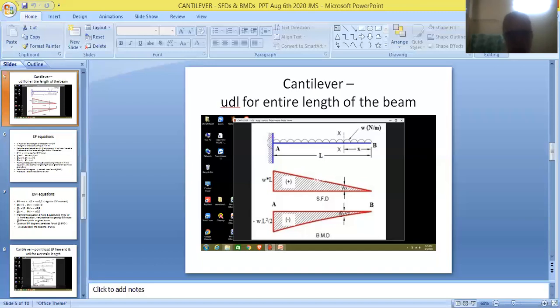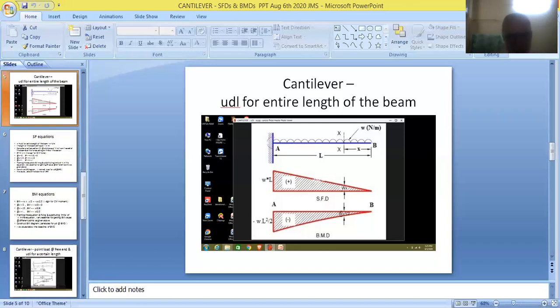And of course, fixing limits is also very important. The lower limit of x, as usual, can be taken as 0, and for the upper limit, we are measuring this distance from point B, so the upper limit of x can be taken as small l. Substituting these limits in the equation, we can very easily find shear force and bending moment values at different points.